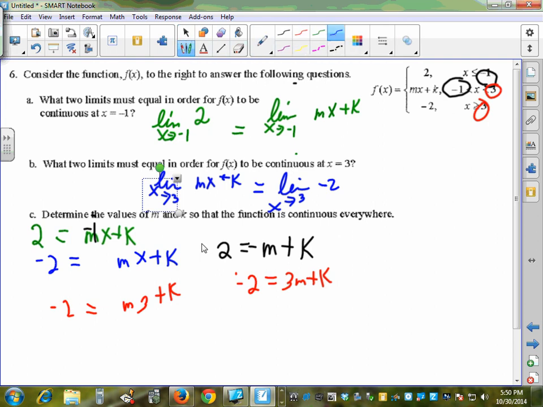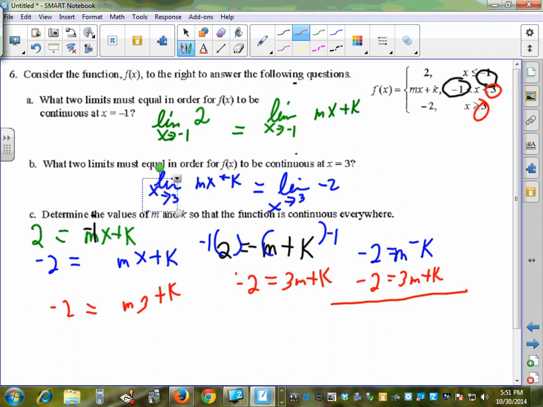I'm going to multiply the top equation by -1, both sides. So -1 times 2 is -2. -1 times a -m is positive m. -1 times positive k is -k. And the other bottom equation, I'll just copy it down.